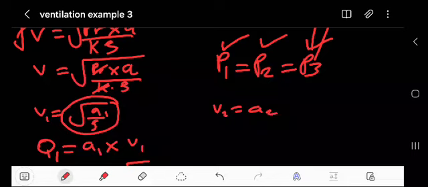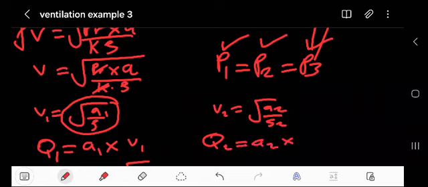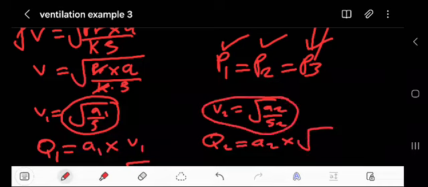Let me just say V2 will be the square root of area 2 over S2. I can manipulate it like this. Then Q2 is equal to area 2 multiplied by the velocity, whereby this is the velocity of 2, which is the square root of area 2 over S2.